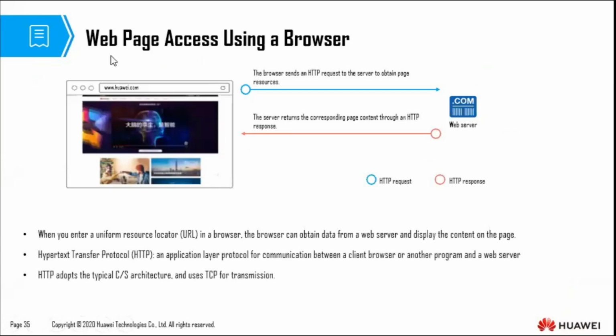HTTP as we wind up. Now HTTP is the protocol that is used to transfer web pages over the internet. HTTP in full is hypertext transfer protocol, an application layer protocol for communication between client browser and a web server.